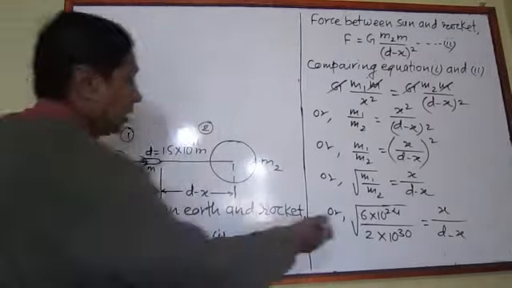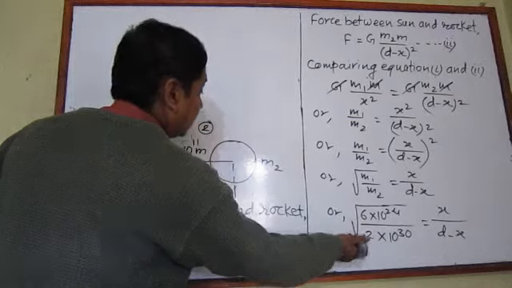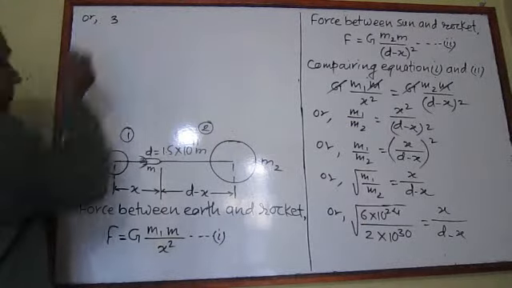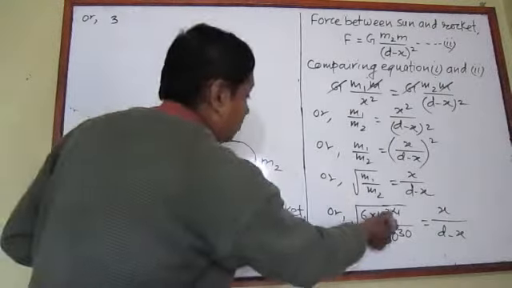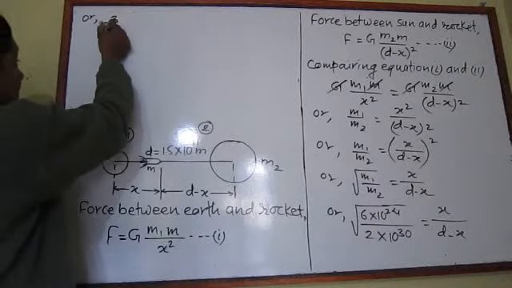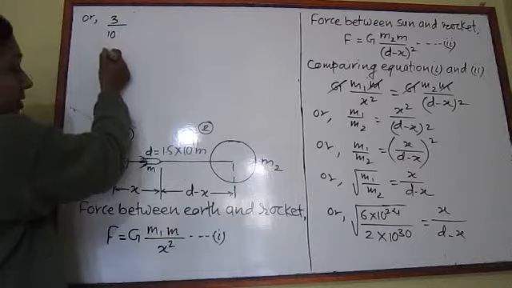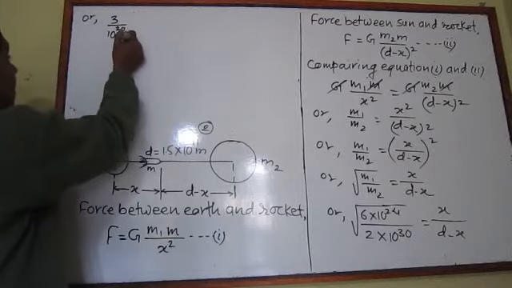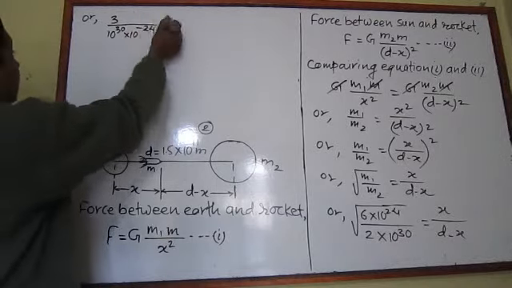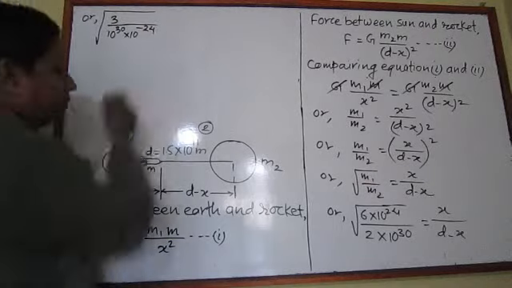Now, 6 divided by 2 becomes 3, and if 10 to the power 24 is taken to the denominator, then 10 to the power 30 into 10 to the power minus 24, all this comes in root over.